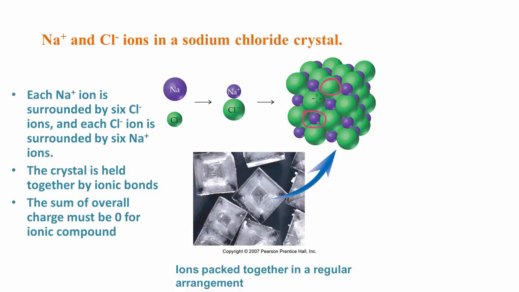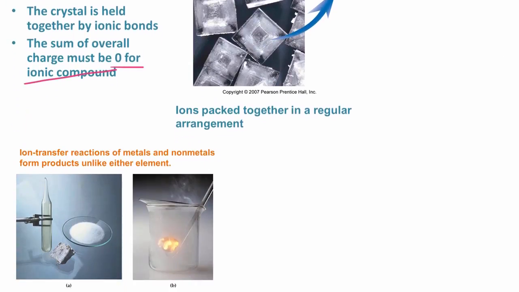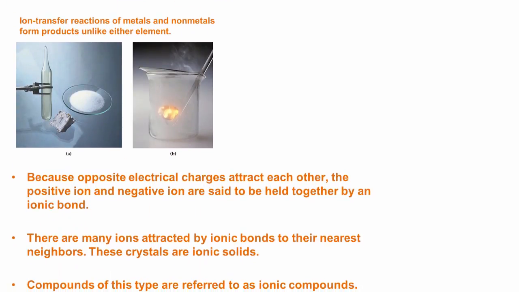So that crystal, if you will, is held together by ionic bonds, by those strong attractions between the positive and negative charges. Now, I will tell you that for an ionic compound, or for any compound, the overall charge has got to be 0. So for an ionic compound, the charge must be 0. That overall charge has to be 0. So let's go down here.